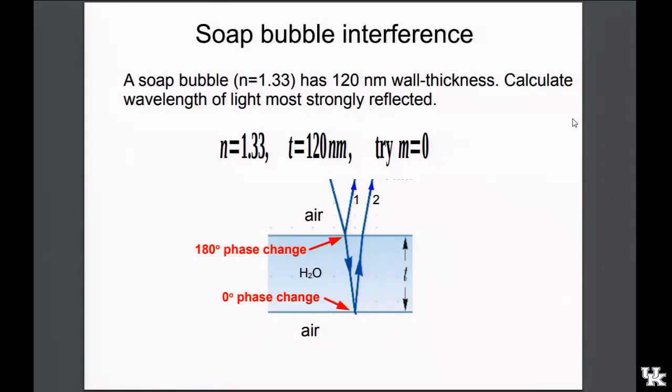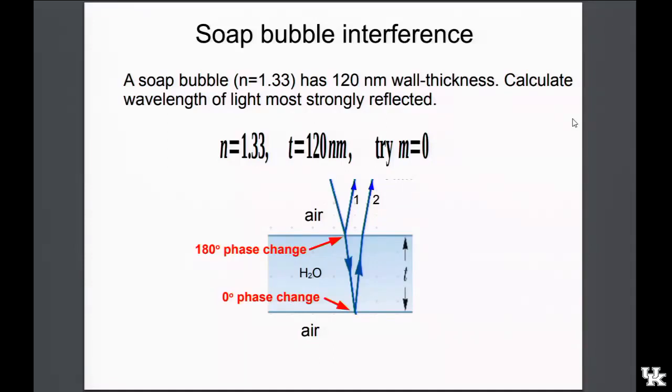So based on the refractive index of the soapy water and the thickness of the soap bubble, we've got to calculate the wavelength that is most strongly reflected. Let's see if we can do that. We've got a certain thickness soap bubble and a certain refractive index for the soapy water.